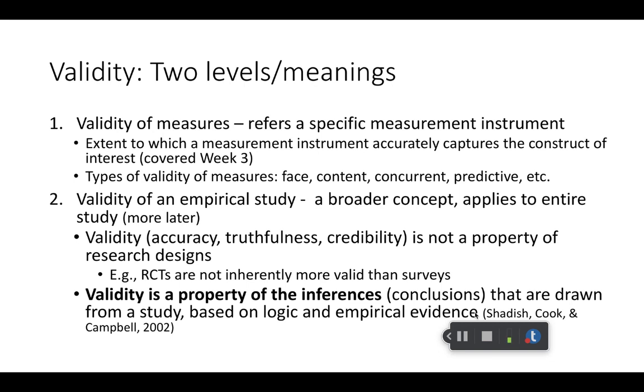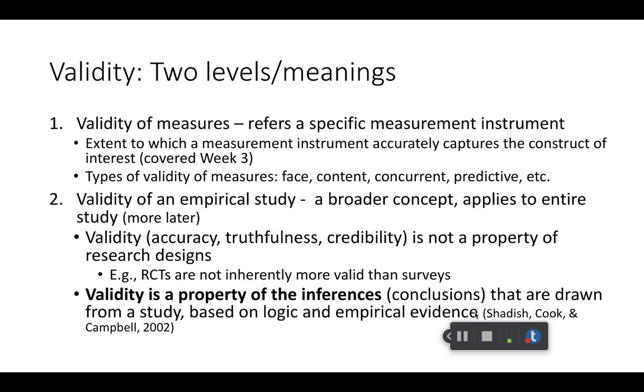Okay, now we're going to talk about a broader concept, and that's the validity of an entire empirical study. It's a much bigger idea and it has many more components. We will unpack this idea a little more later on as well, but for now we'll say that in the context of an entire study, validity, meaning accuracy, truthfulness, or credibility, is not a property of research designs.